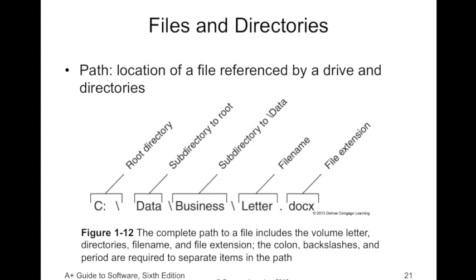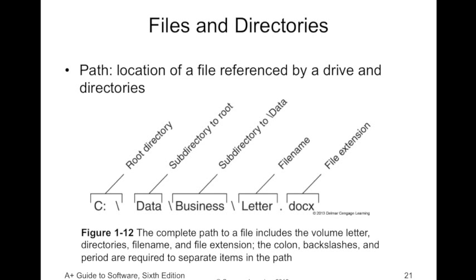Understanding the path location. For example, if you ever look at the top portion of your screen when you're browsing a folder, you'll notice that normally it will say your folder's name. That's actually a path location. If you click on it, for example, we're going to use data/business.